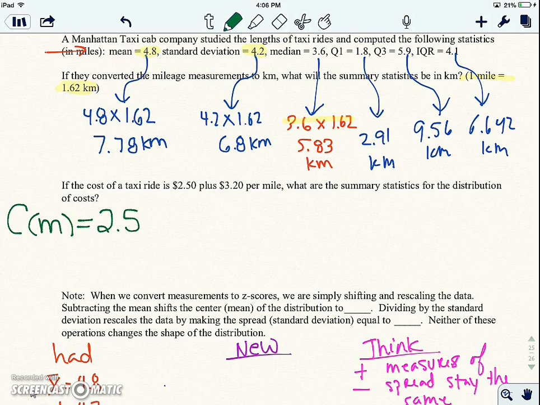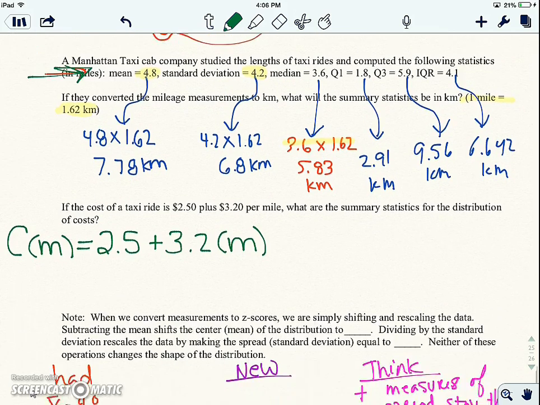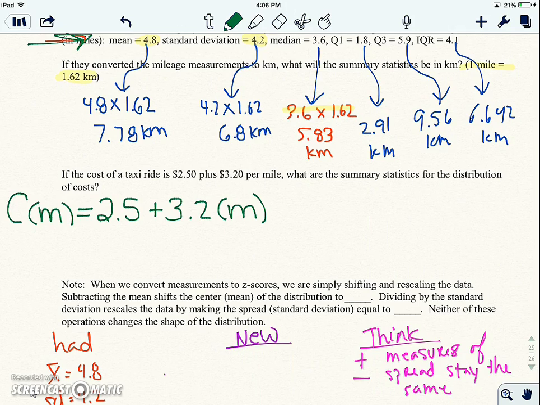That's called the flag drop fee. Notice I left off the 0 because I don't really need it for math. Plus $3.20 per mile. Now we're going back to miles, so we're going back up to this original data. It says, what are the summary statistics for the distribution of the costs?